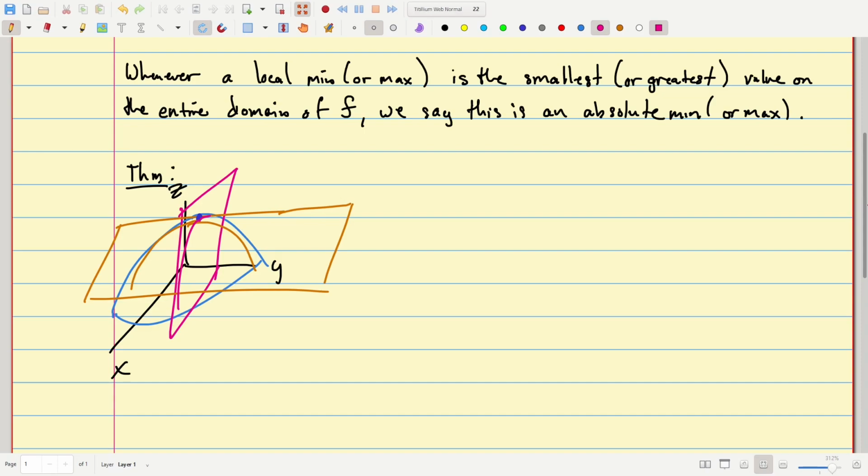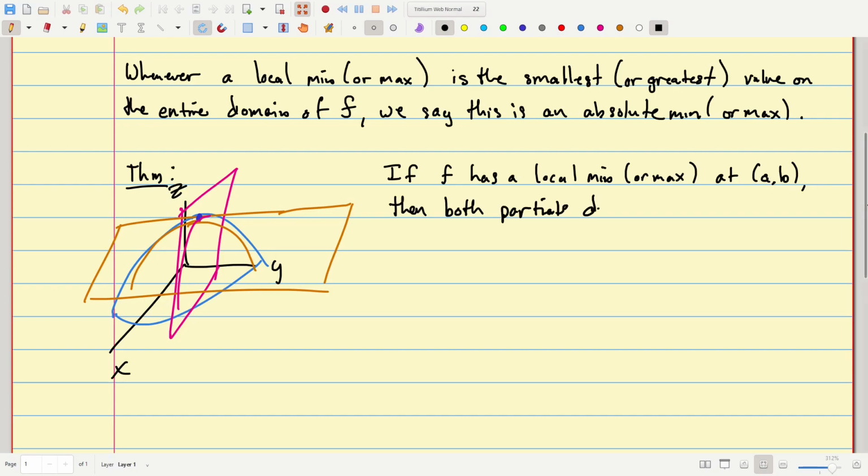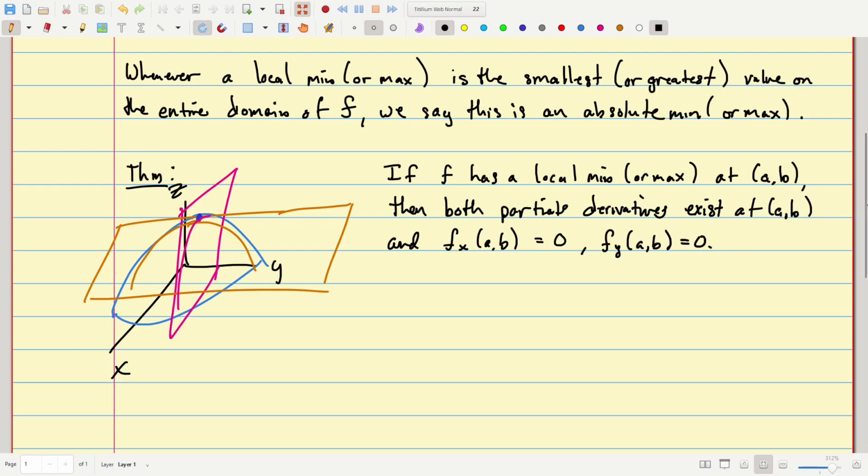Okay, so what this means is that it must be the case that both of the first partials are equal to 0.